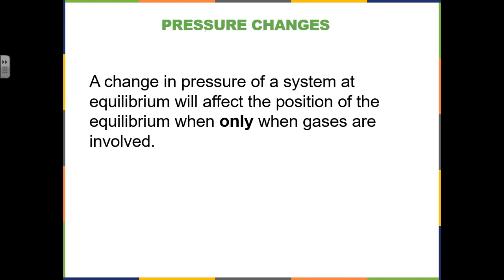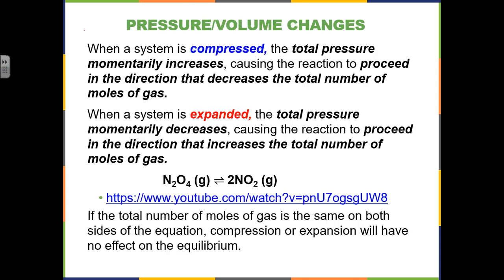Whereas if you reduce that, it would have a direct converse impact. Pressure favors the formation of fewer gas molecules, and if the pressure is decreased, it's going to favor the side with larger numbers of molecules.